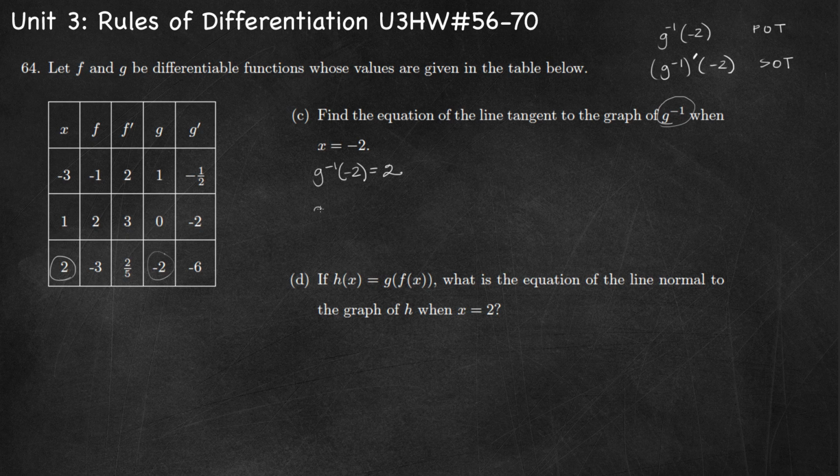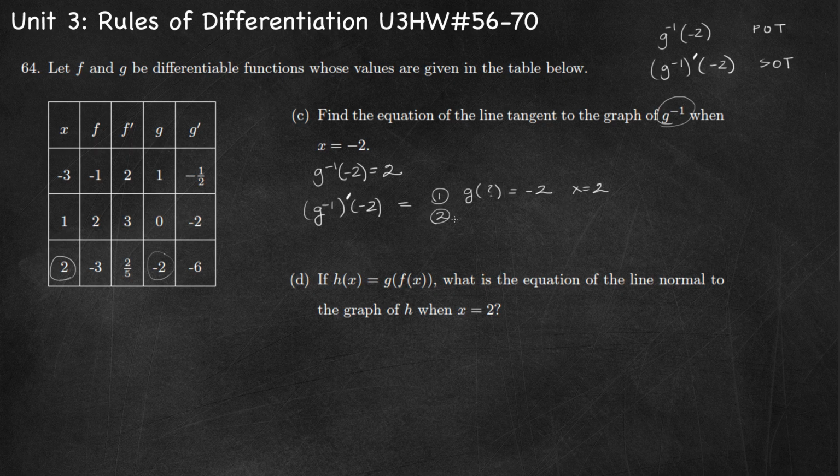And then we need to find the derivative of g inverse evaluated at -2. So here we need our three-step process. The first thing we do is set g equal to -2. So g of what is equal to -2? Well, g equals -2 at 2. So x equals 2 is that value we're looking for.